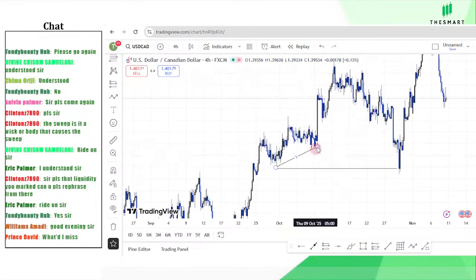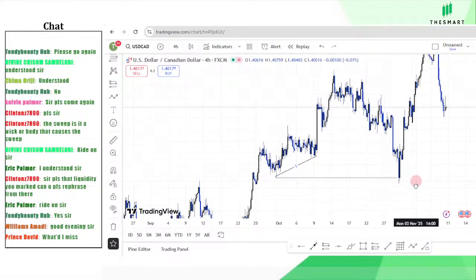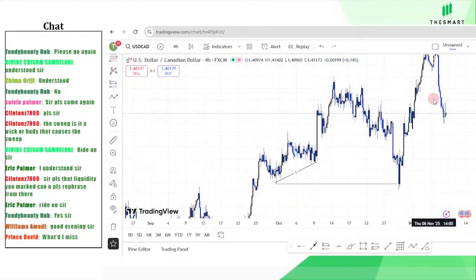Price ran into it, took out the liquidity, and swept below this low. After sweeping below this low, you see an immediate retracement to the upside.